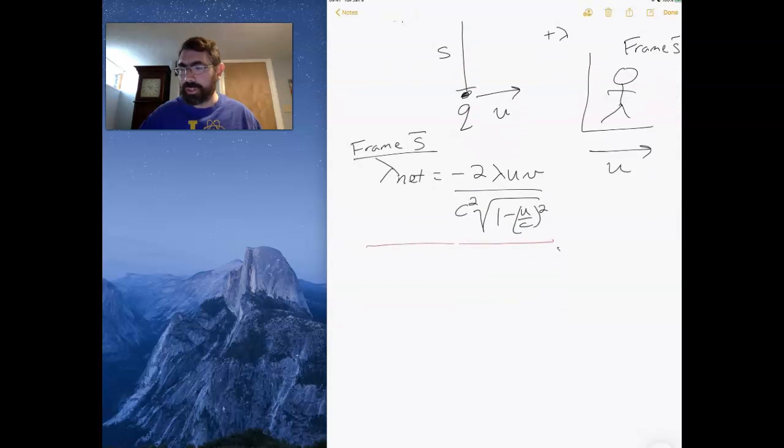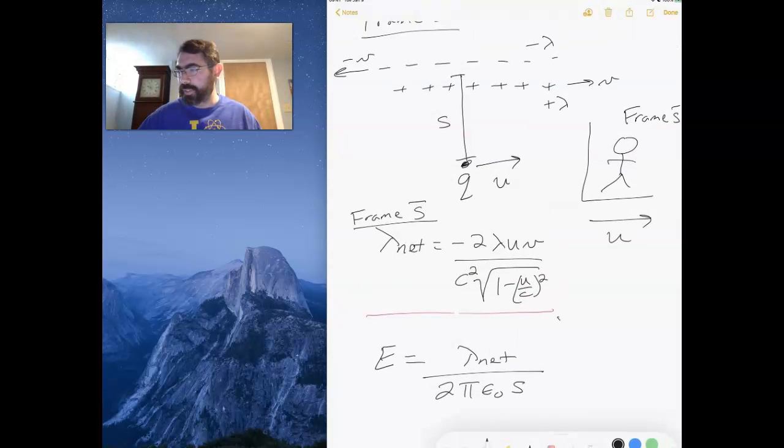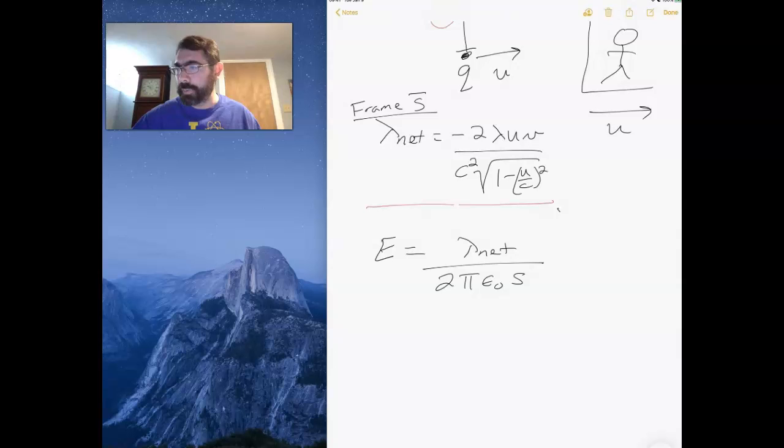From Gauss's law, the electric field measured in the frame S bar is the net charge density over 2 pi epsilon naught times the distance s, the distance of the point charge from the line charges. And again, remember, this is in frame S bar.